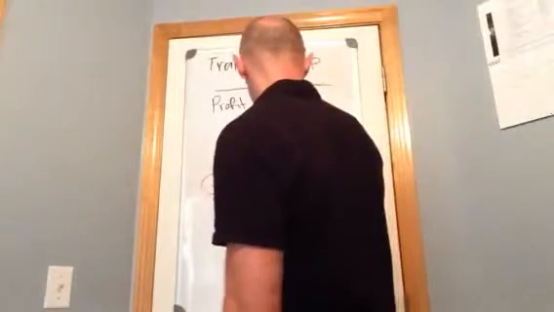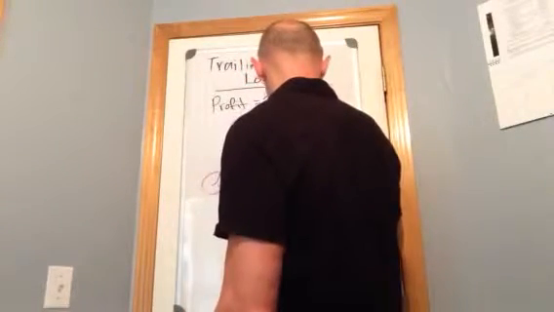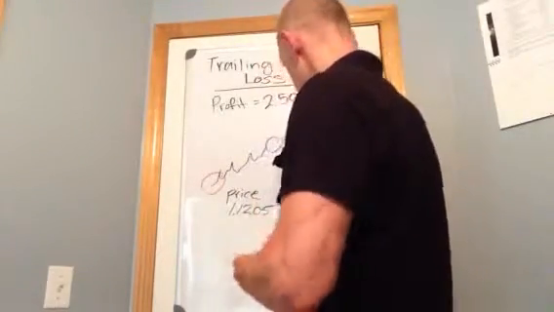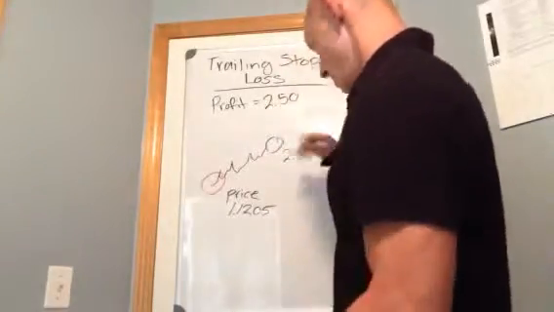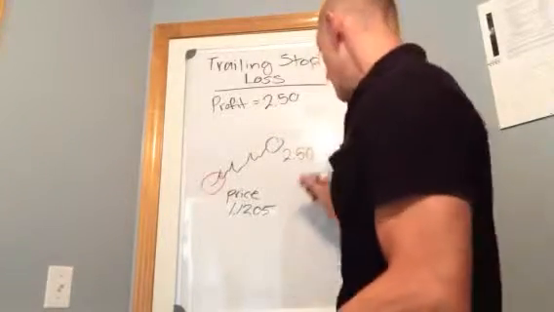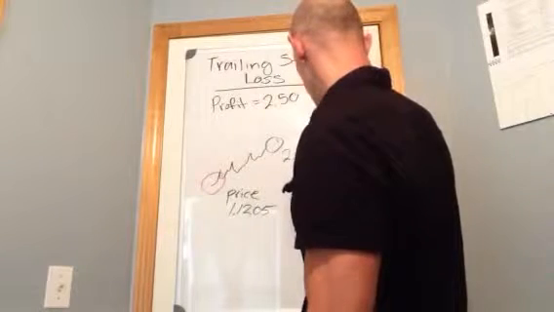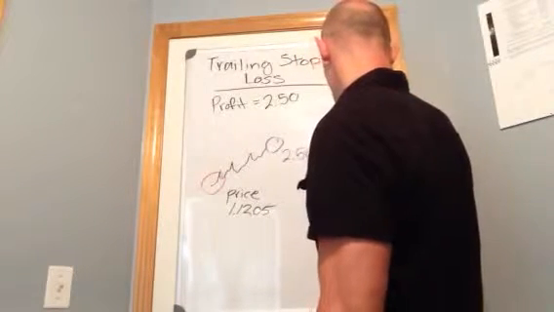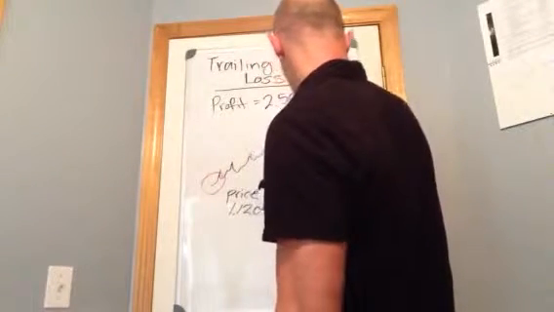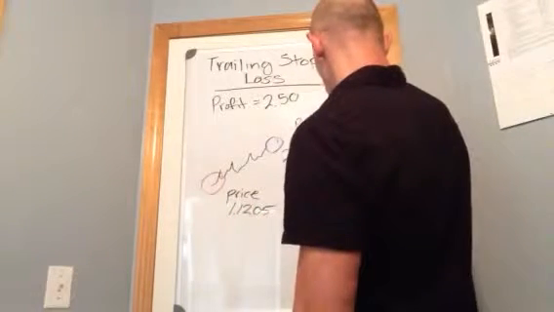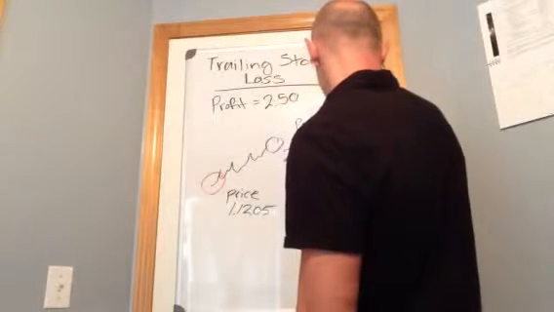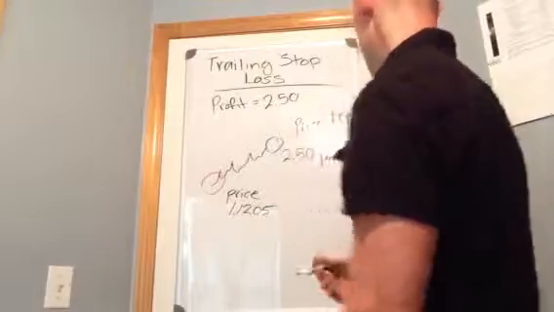So it hits $2.50, great. Now you're in a profit. Now what you want to do from this point on is remember the price that the currency pair is at. So let's say it hits the 250 in profit, but the price, let's say it equals $13.50 or $13.51.